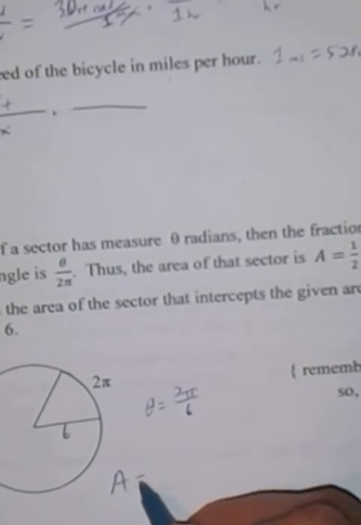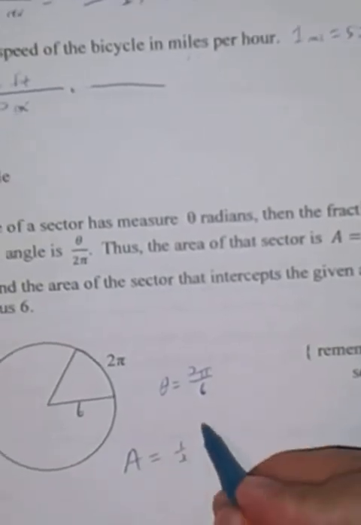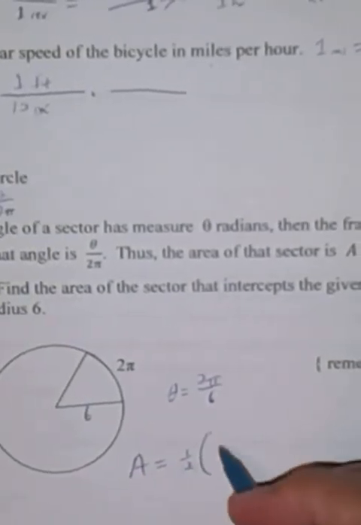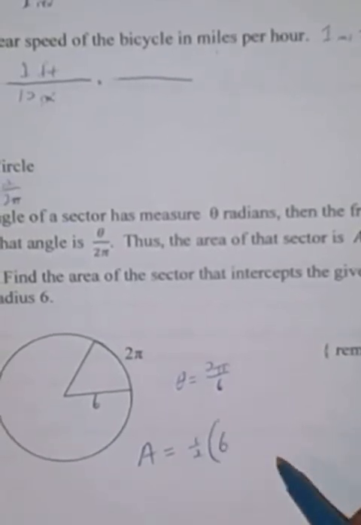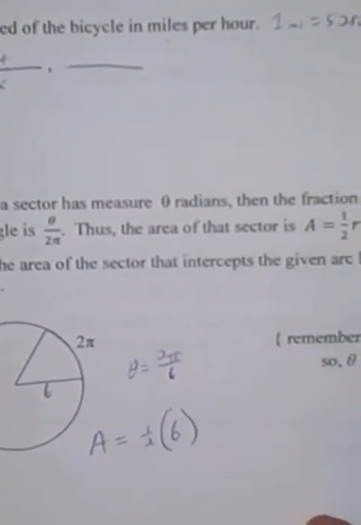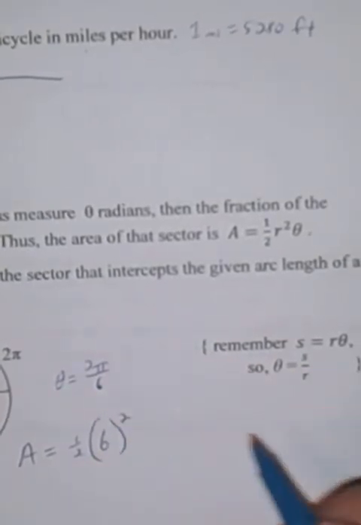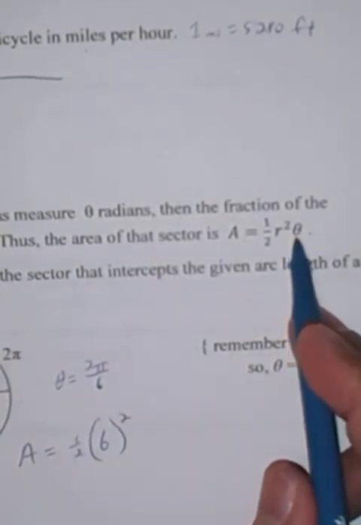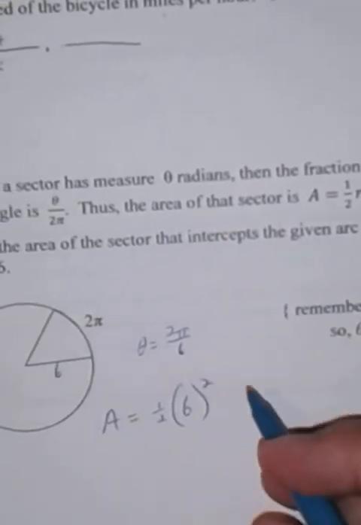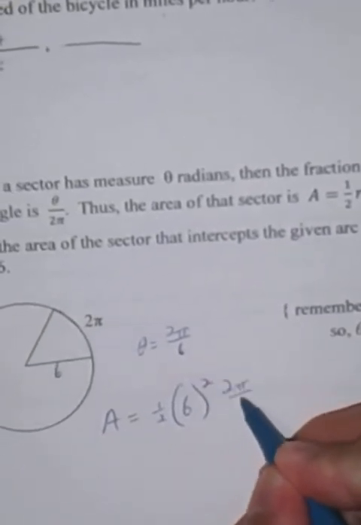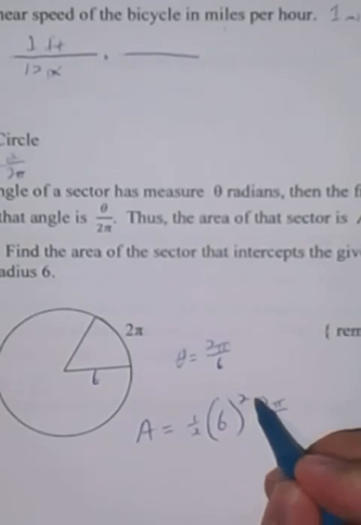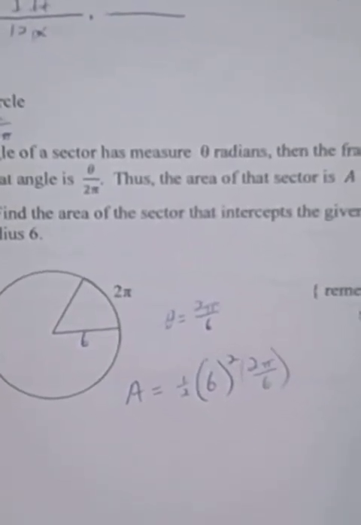So my area is 1/2 times the radius, which is 6. Notice there's no units, and that's okay. If there were, we just put them in there. Times 6 squared times theta, whatever theta is. Theta is 2 pi over 6. Then we're just going to multiply.